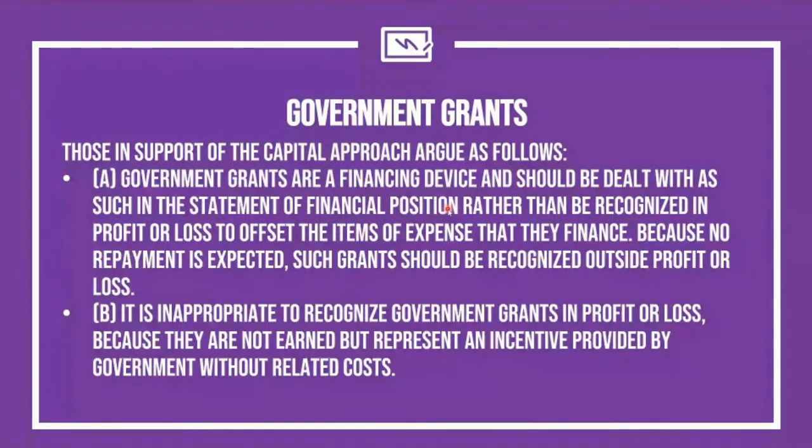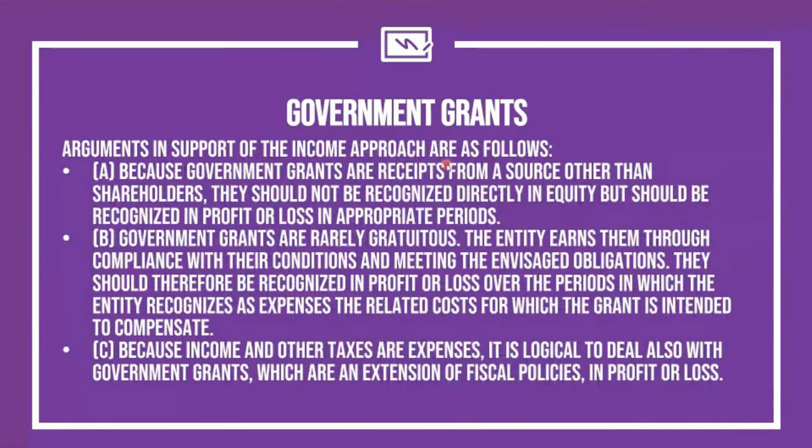By the way, there are other authors that use a different term. For the capital approach, they use net method because we are netting off the amount of the grant to the overall cost. And the income approach is called gross method because we consider the two transactions, although they are related to each other, as independent transactions.